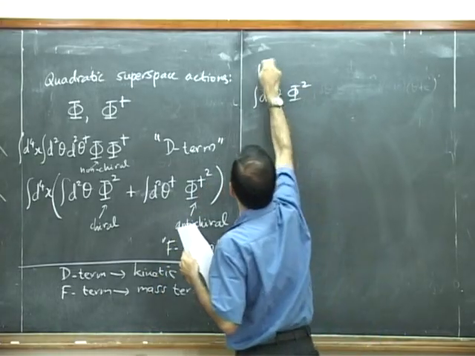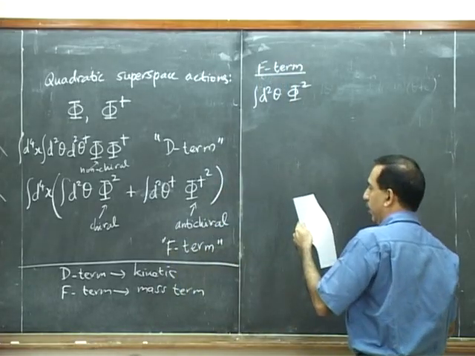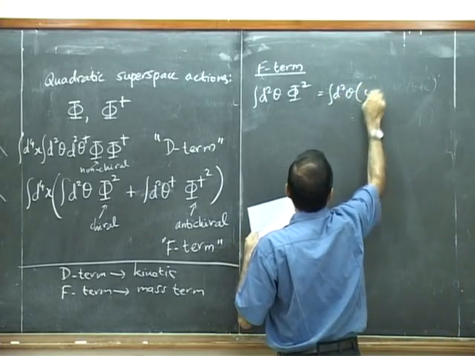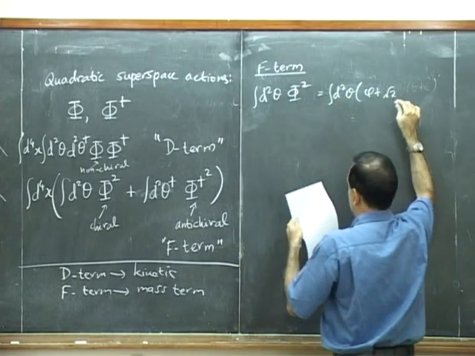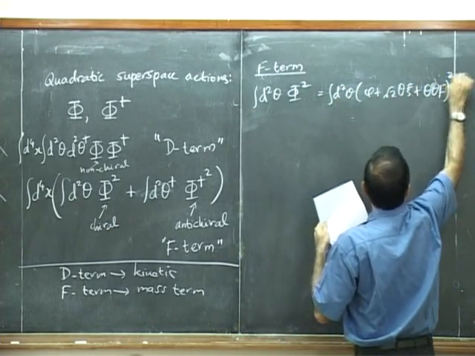We do the F term first. Integral d2 theta of phi square. This is equal to the integral d2 theta of (phi plus root 2 theta psi plus theta theta F), the whole thing squared.